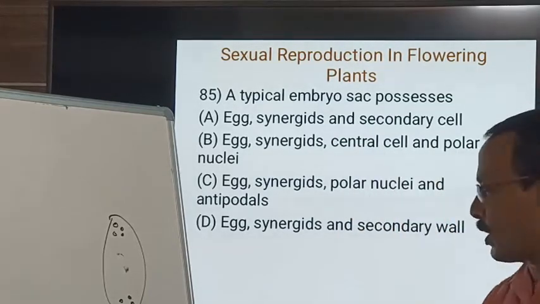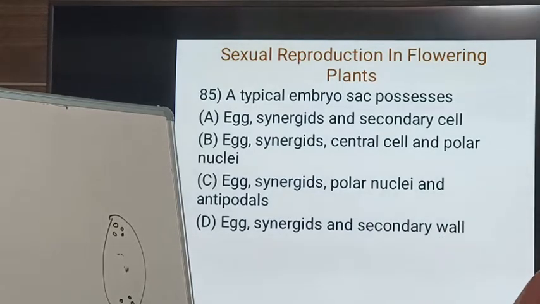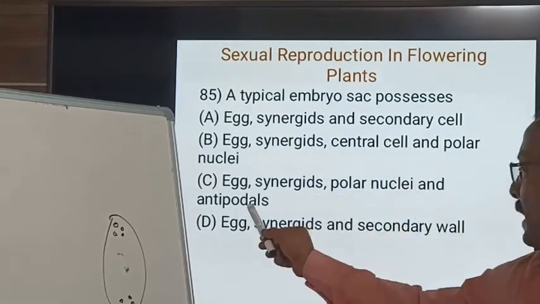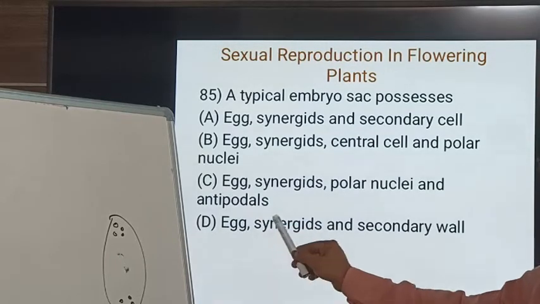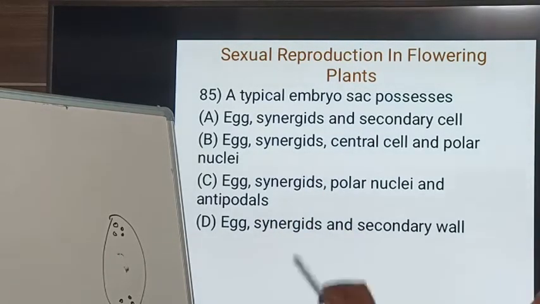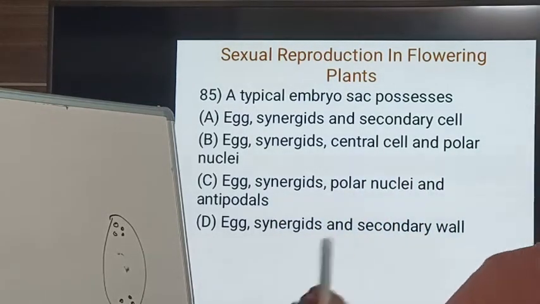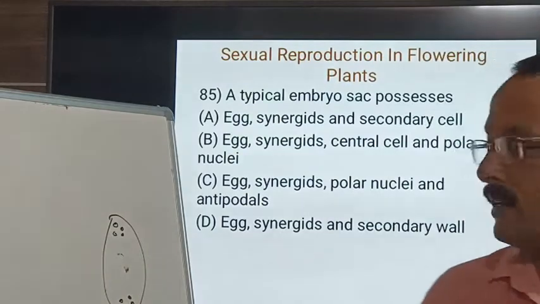No, this is also not the right option. Still, antipodals should be there. Egg, synergids, polar nuclei and antipodals, so this is the right option. But polar nuclei represent the central cell.